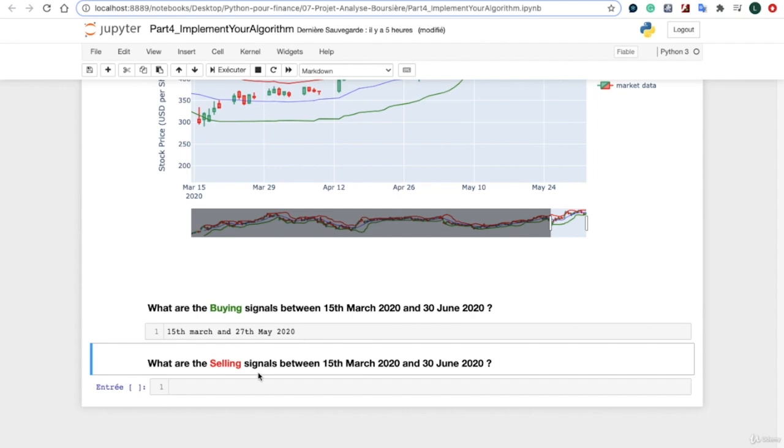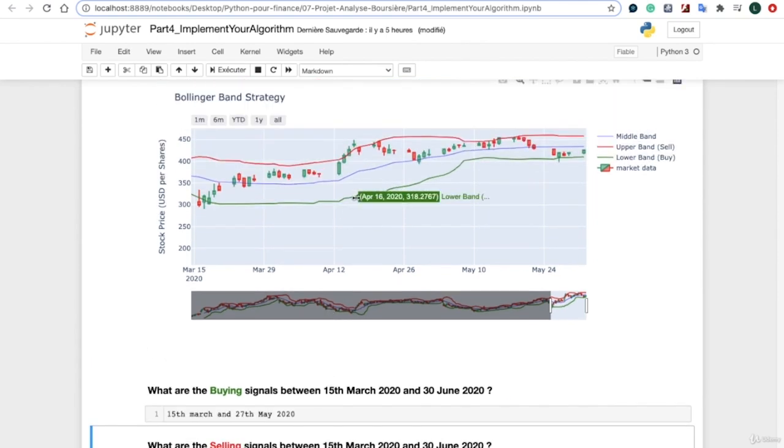And concerning the selling signals, what is the algorithm saying? The algorithm required you to sell all your shares on the 15th of April, which means that you bought your stock at 300, you sold your stock at 417, and you bought again your stock at 408.